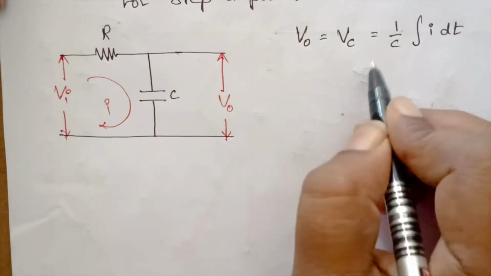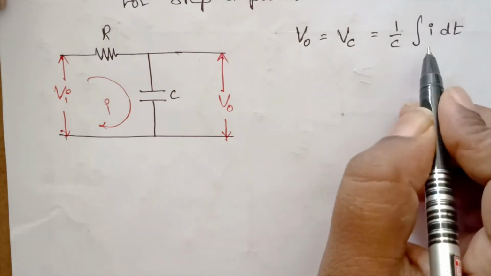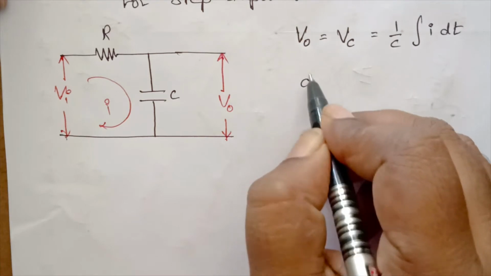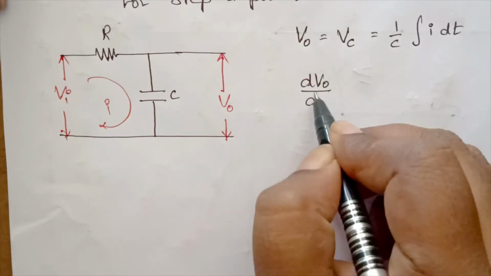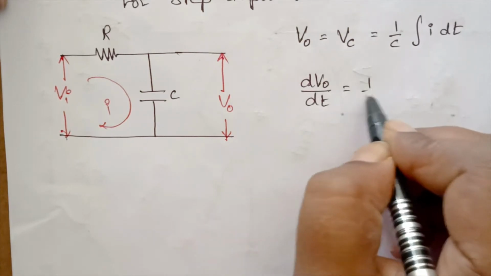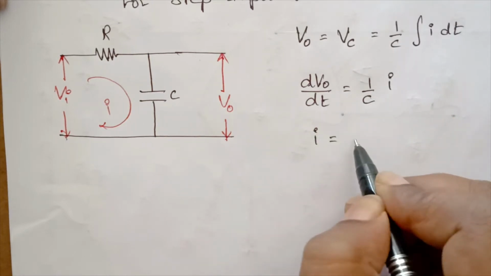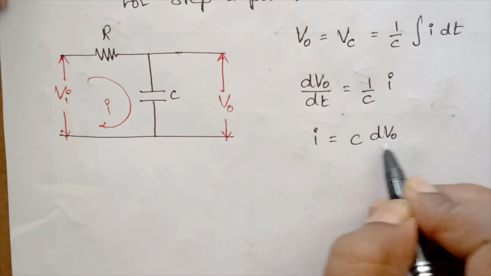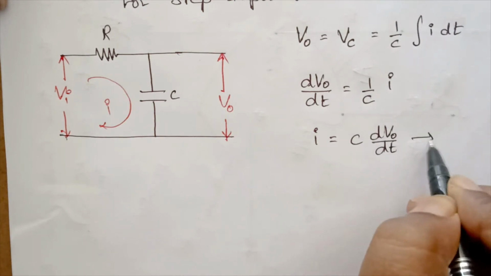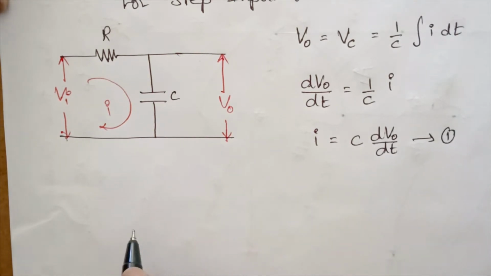If we differentiate on both sides, we get dV0 by dt is equal to 1 by C into I. Therefore, I is C into dV0 by dt. Let this be equation number 1.